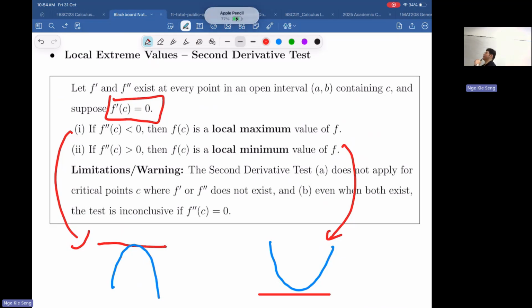A very common mistake that people will make in this test is when f''(c) is greater than 0, they say it is a local maximum. They swap it because they think positive is big, and maximum is big. But the idea of big is here. When f'' is negative, the graph stays below the tangent line.